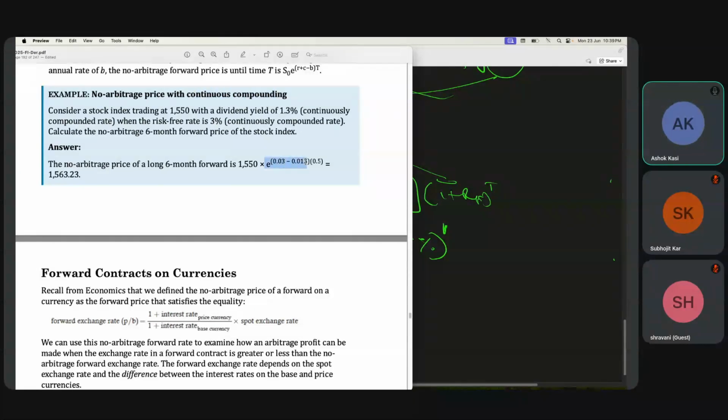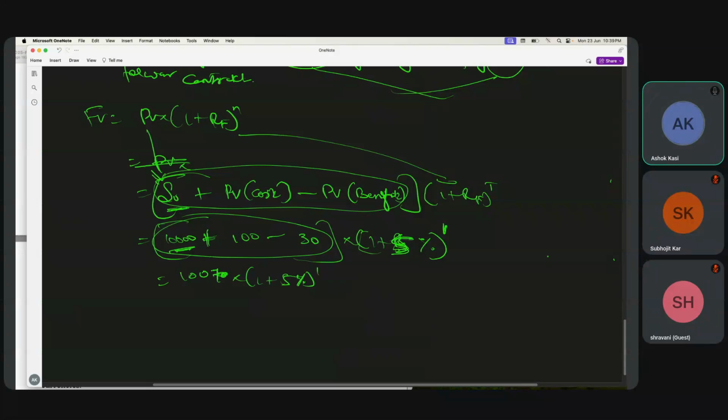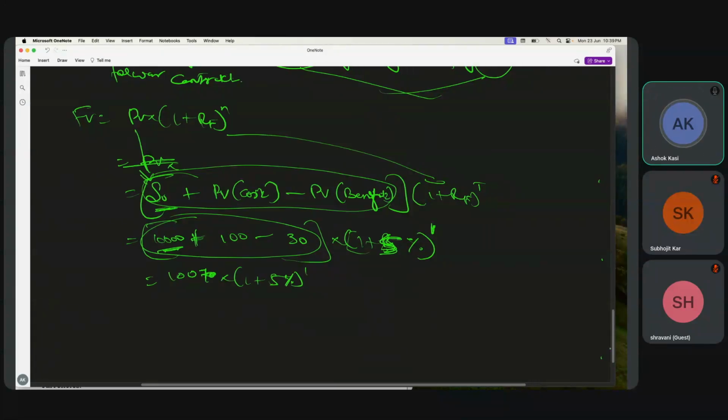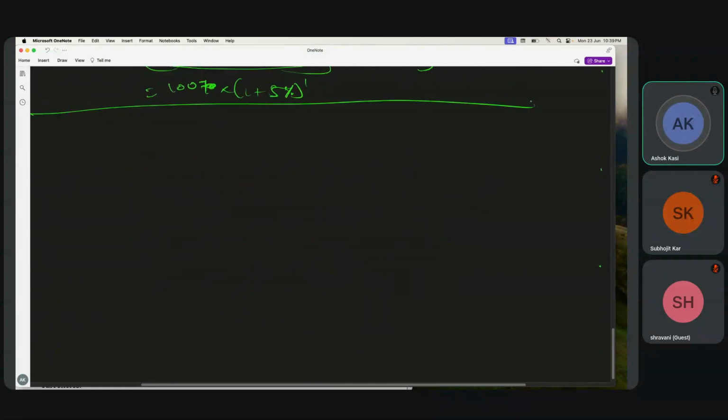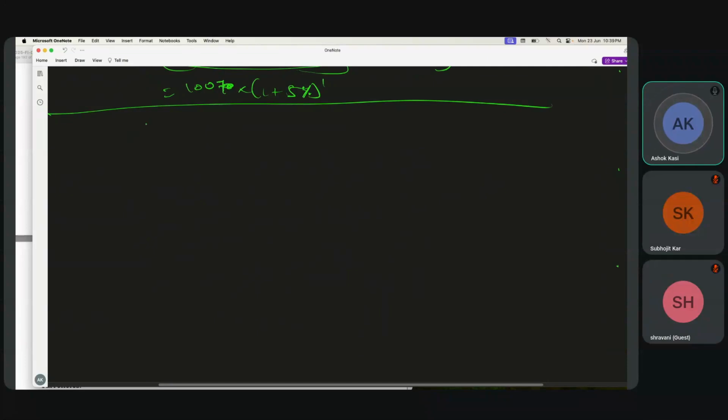Continuous compounding, e raised to... So when I say future value is equal to present value into 1 plus r raised to n, this is called discrete compounding.